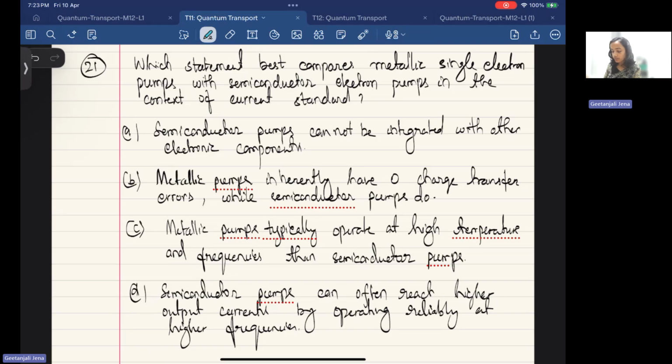Option D, semiconductor pumps can often reach higher output currents by operating reliably at higher frequency.